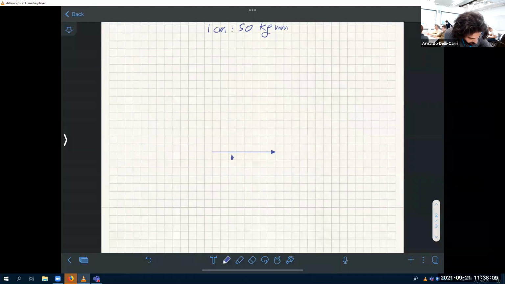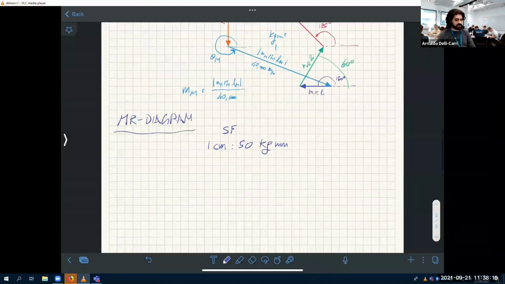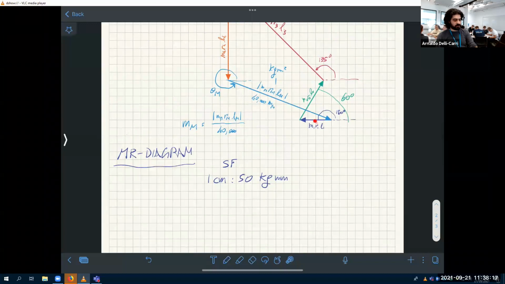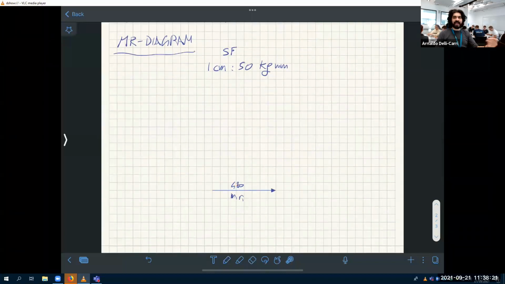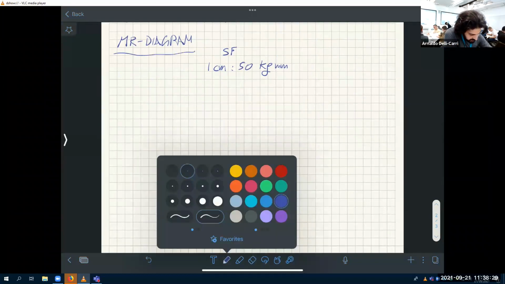So this is M1 R1 and it's 480. I suggest you put all the values as well. I put labels here only. I suggest you put labels and values and the angle. So it's completely clear what you're doing. It's completely clear you're following the table and everything checks out.